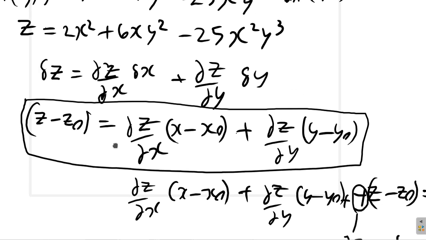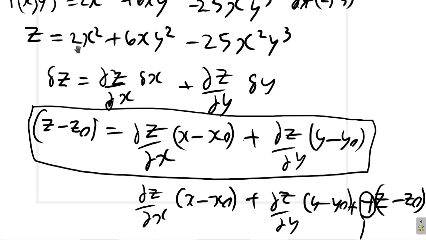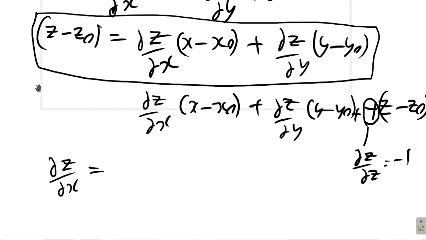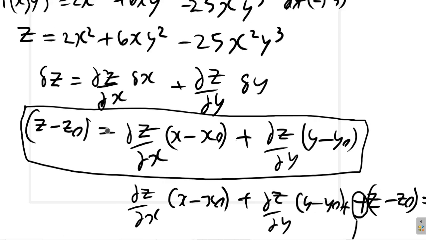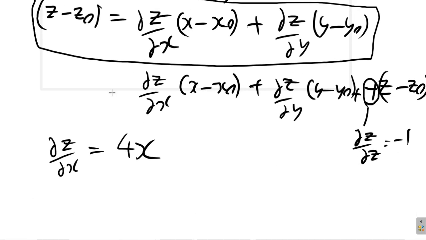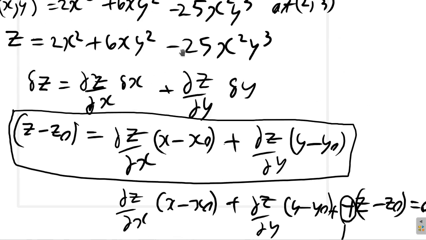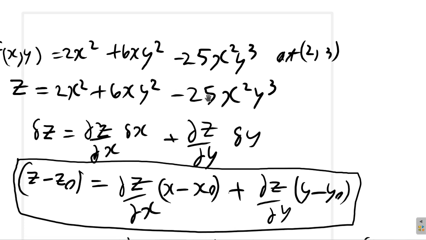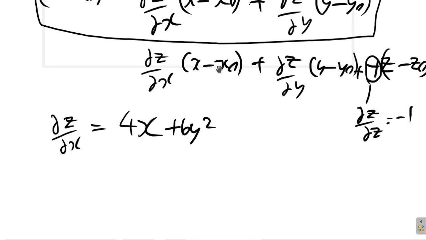Well, let's see. Delta z by delta x is 2 times 2 is 4x, so this would be 4x plus 6y squared, minus 2 times 25 is 50, it would be minus 50xy cubed.